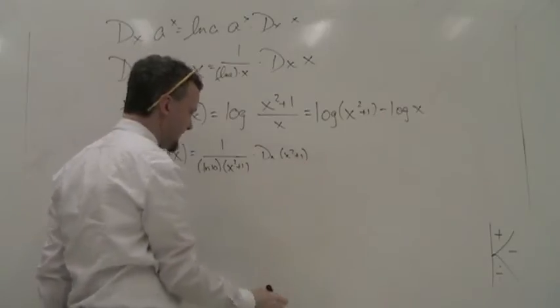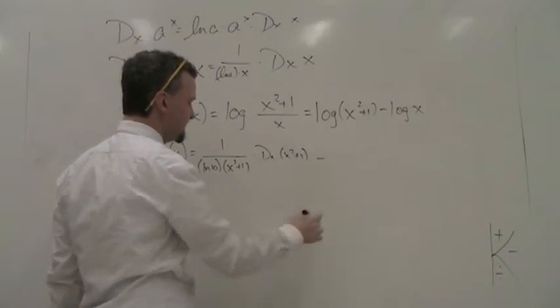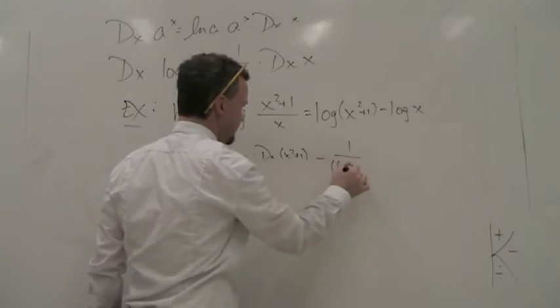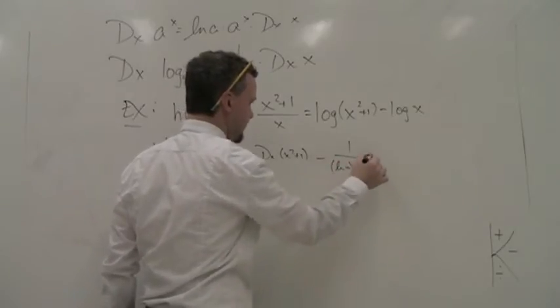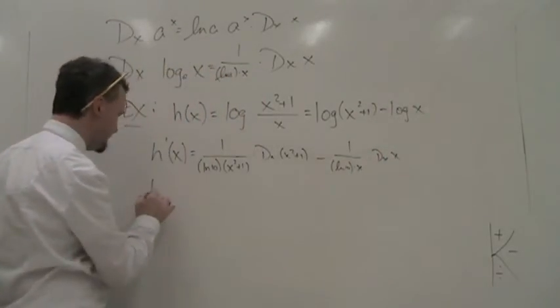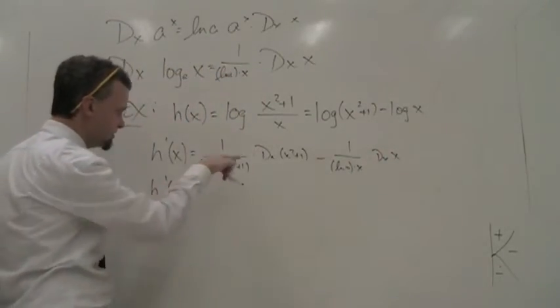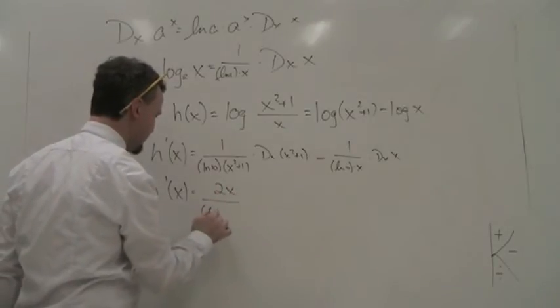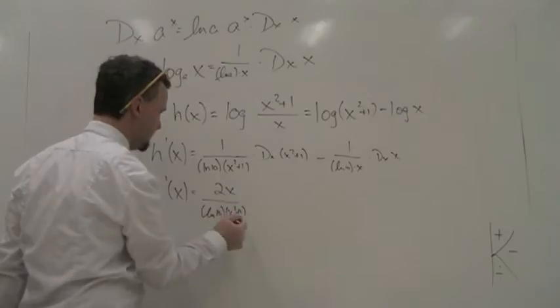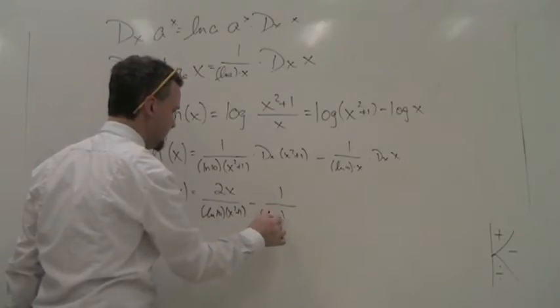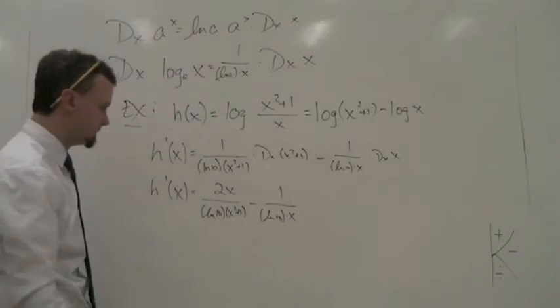We'll leave it for the next step. Minus log of x, its derivative is 1 over ln 10 times x times the derivative of x, which is not going to make any contribution, right? It's going to be a 1. So the derivative of x squared plus 1 is a 2x. So we have 2x over ln 10 times x squared plus 1 minus 1 over ln 10 times x.